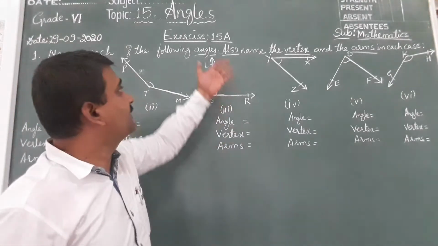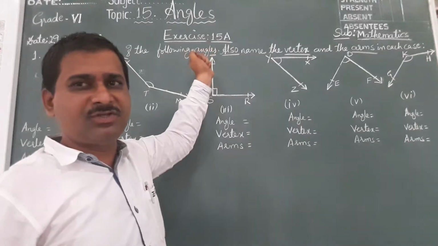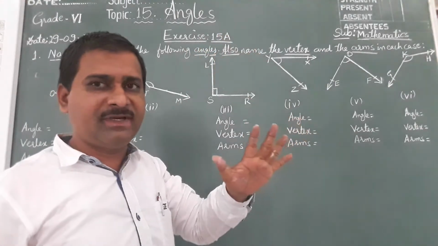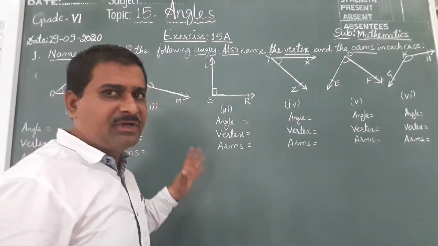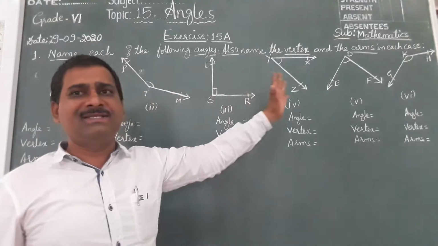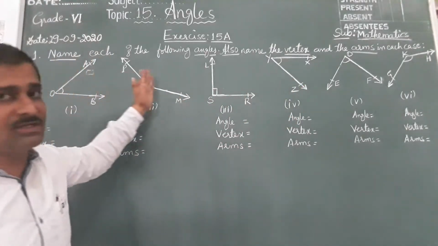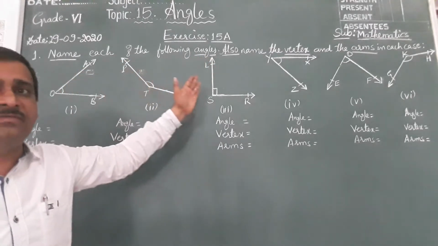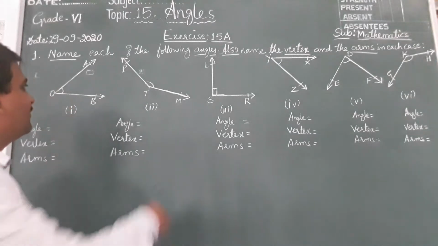Now, here starts your exercise 15A, and under this, the first question purely is a repetition for you. Whatever I have explained in 8 plus minutes, purely based on that, all the answers you will do yourself now. 6 angles are given, children. In all the angles you can see those are formed by 2 rays, started at the initial points.